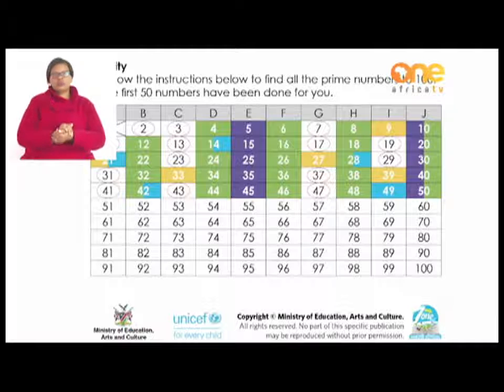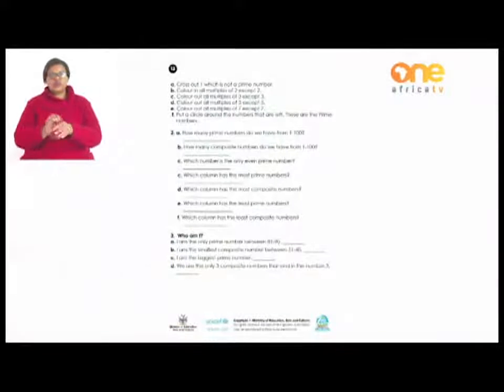Now, there is a certain way to discover your prime numbers, and we are going to do this step by step. So let's go to page 12. There are certain instructions that we need to carry out so that we can discover our prime numbers. At the same time, we will also be able to discover our composite numbers, but we will come to that later.